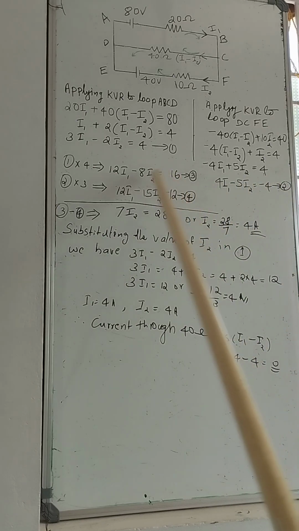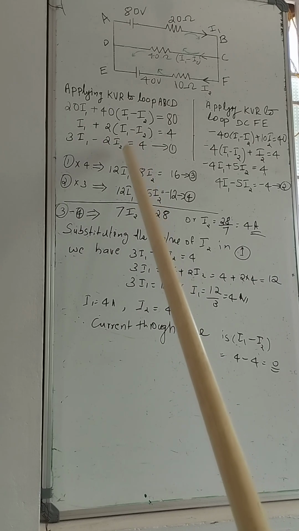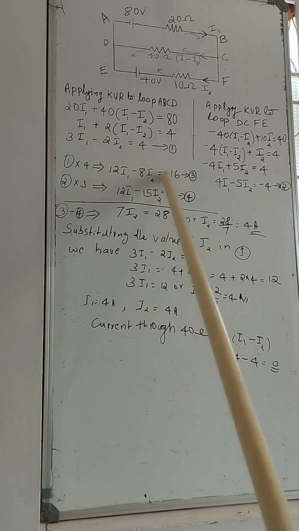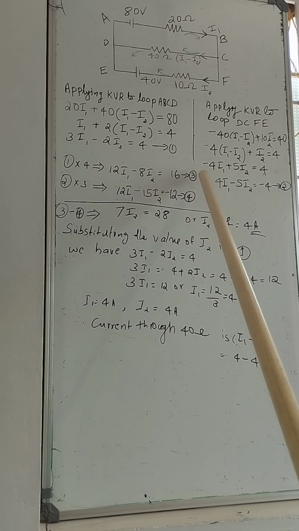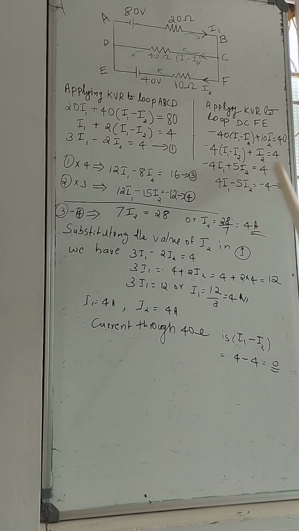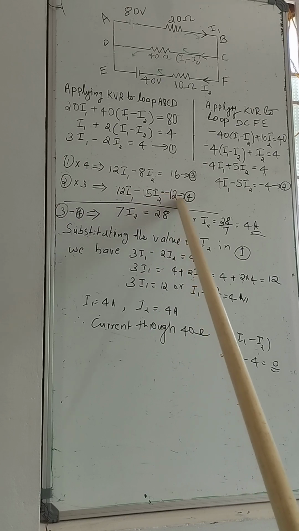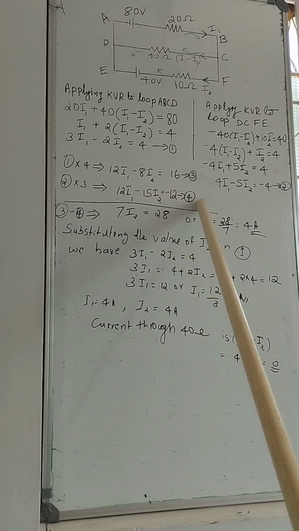Now equation 1 is multiplied by 4, giving 12 I1, which we name equation 3. Equation 2 is multiplied by 3, giving 12 I1 minus 15 I2, named equation 4.